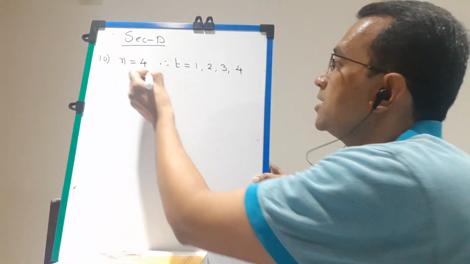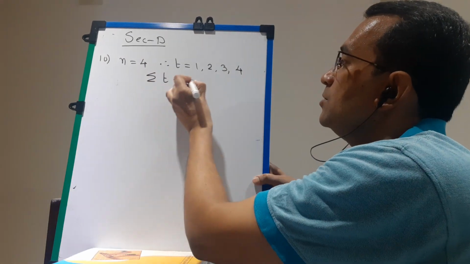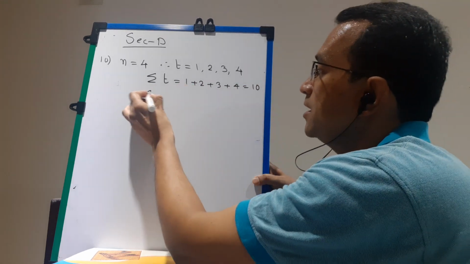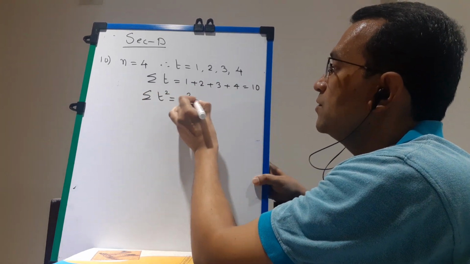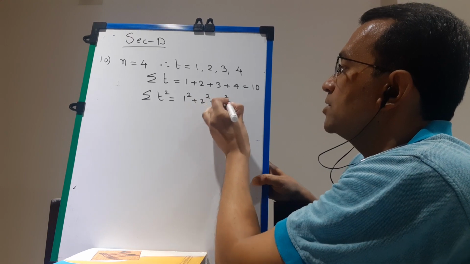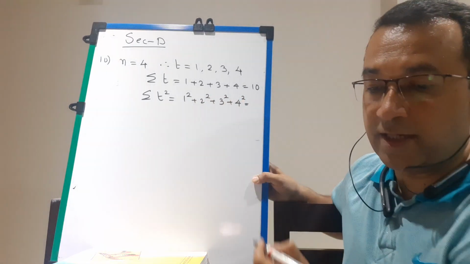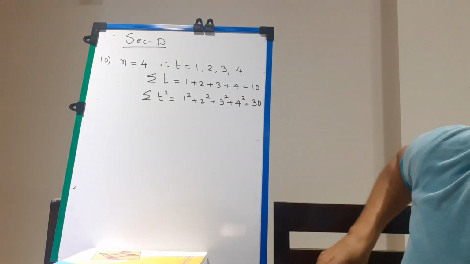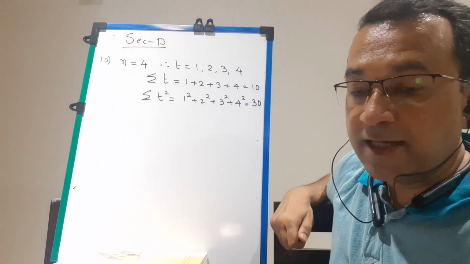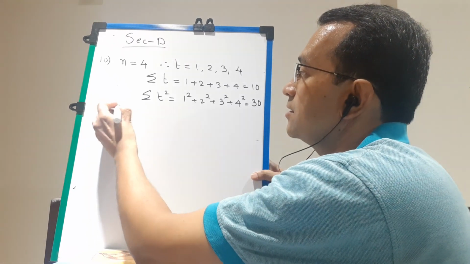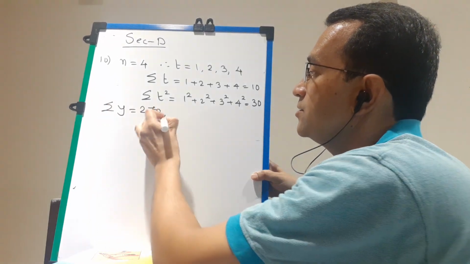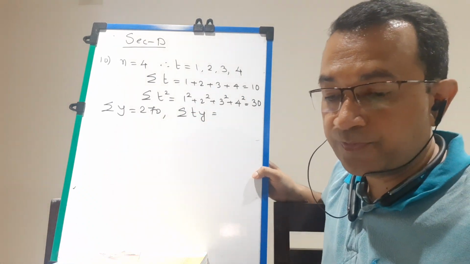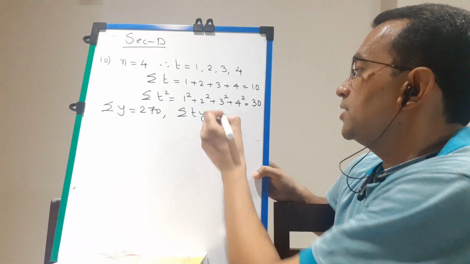So students, sigma t will be 1 plus 2 plus 3 plus 4, which is 10, and sigma t square will be 1 square plus 2 square plus 3 square plus 4 square, and that is equal to 30. Now sigma y is given as 270 and sigma t into y is given as 734.